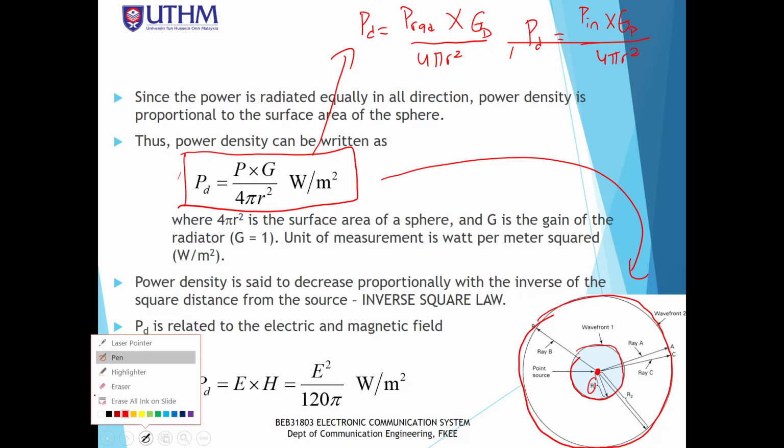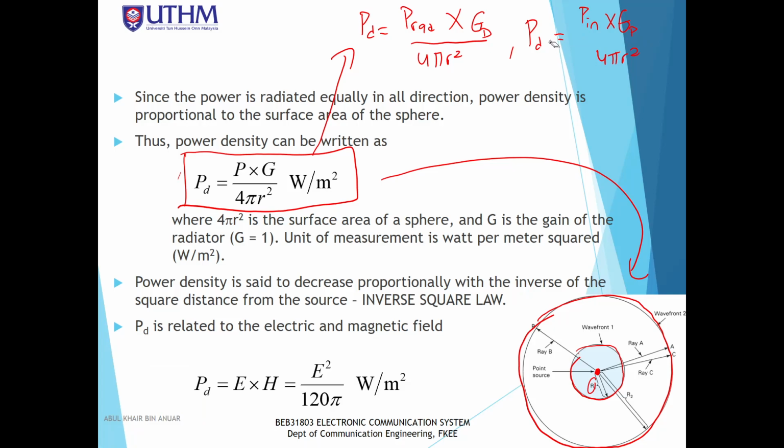So boleh juga kita buat dalam sebutan ini. Because we don't know what this P and this G are, they are related to power radiation and power input. The gain is also related to the directivity gain and power gain. So I can say that this is the second equation of power density.